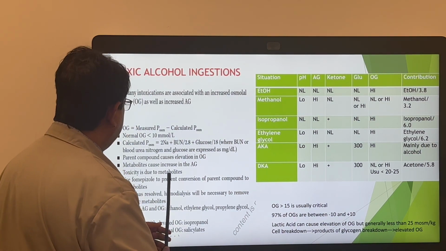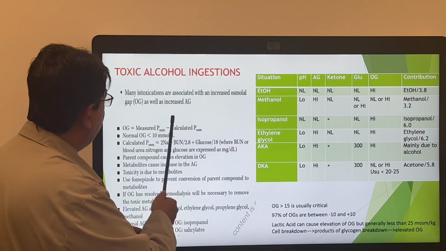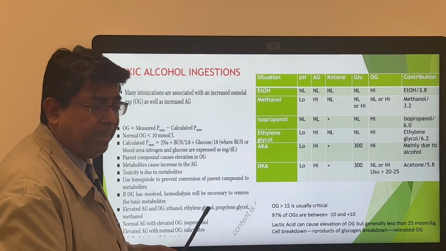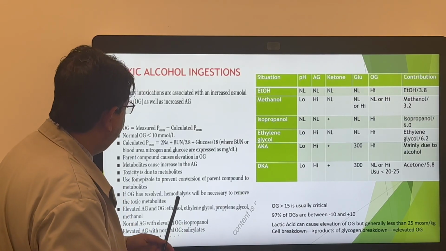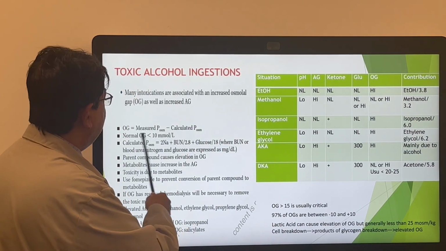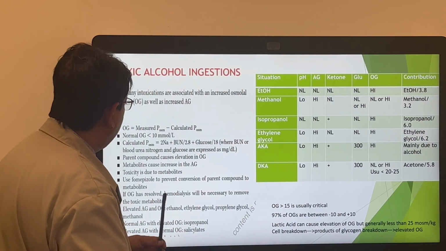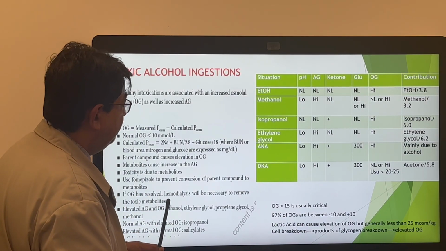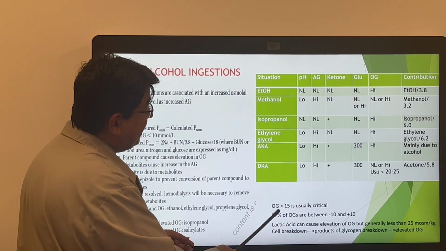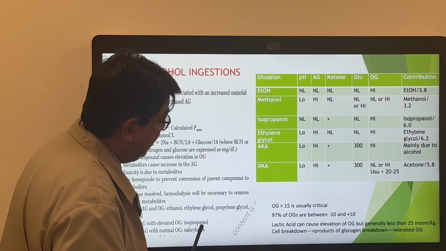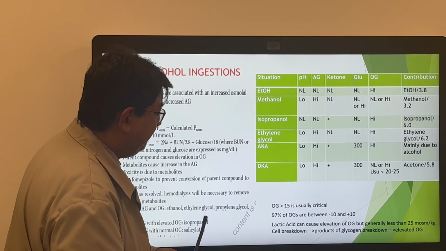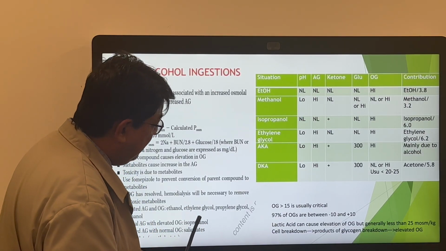So if there is a discrepancy between the measured plasma osmolality and the calculated plasma osmolality, then there's something there which is causing that discrepancy. The normal osmolar gap is less than 10 millimoles per liter. Osmolar gap more than 15 is usually critical, but most osmolar gaps are between -10 and +10.